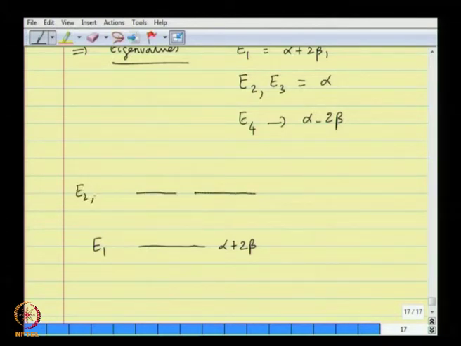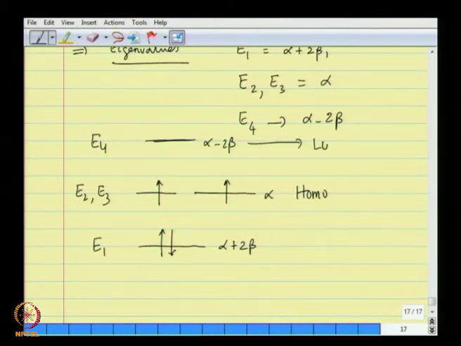So it is E2, E3, this is alpha, and the number of electrons that we can assign is for the ground state alpha plus 2 beta 2 electrons, and because it is degenerate the spins are supposed to be such that they are unpaired, and then we have E4 which is given by alpha minus 2 beta. And therefore you see that the HOMO-LUMO gap, this is the highest occupied molecular orbital and this is the lowest unoccupied molecular orbital. The HOMO-LUMO gap is obviously 2 beta.